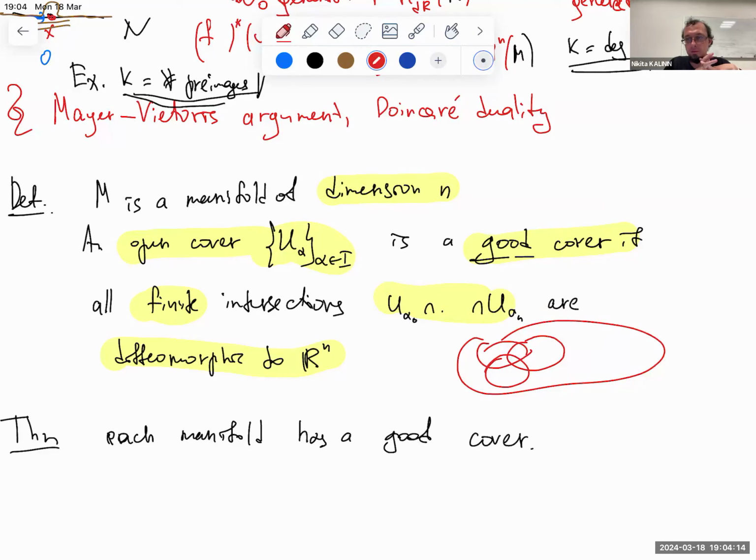The standard proof uses the Riemannian structure. So the first thing is that we have a Riemannian metric on the manifold. Is it clear how to construct a Riemannian metric? How do you prove that there exists a Riemannian metric on any manifold, not necessarily compact?